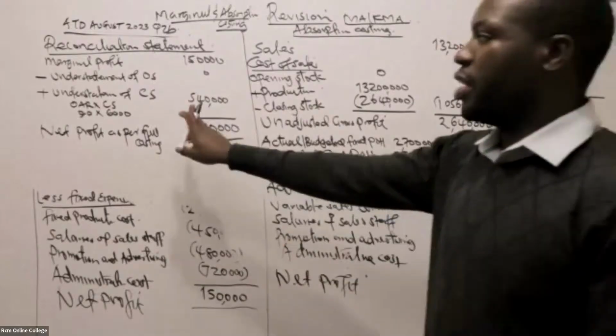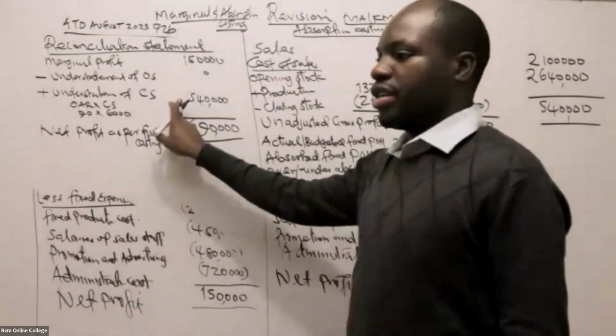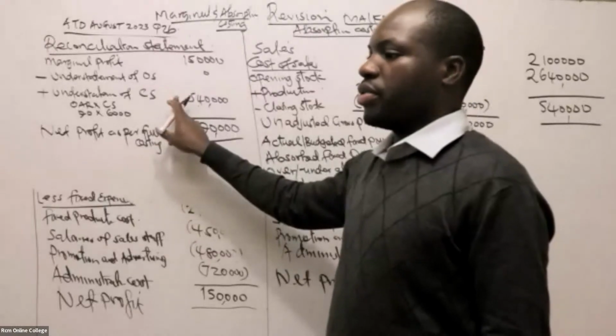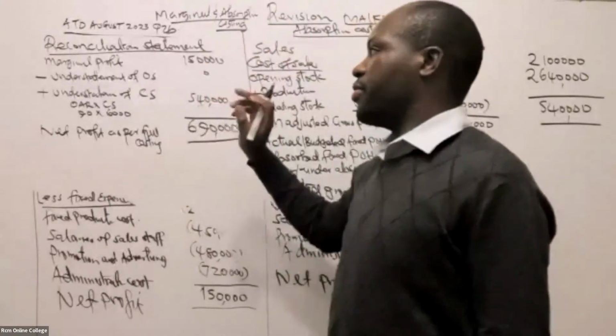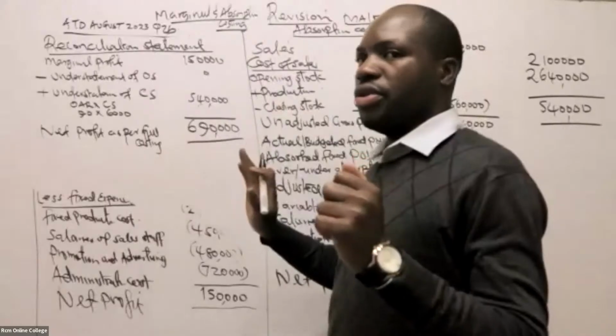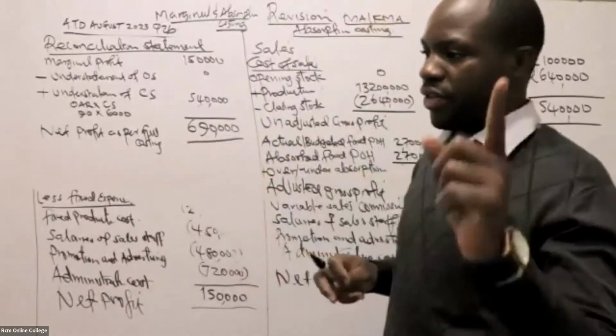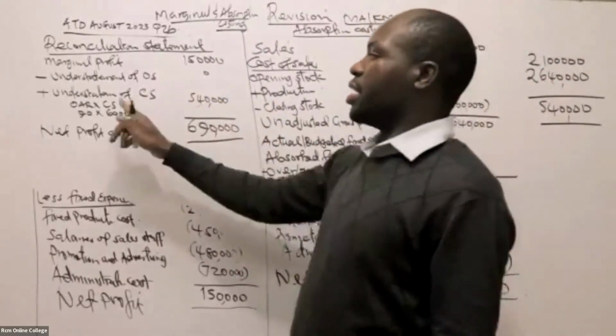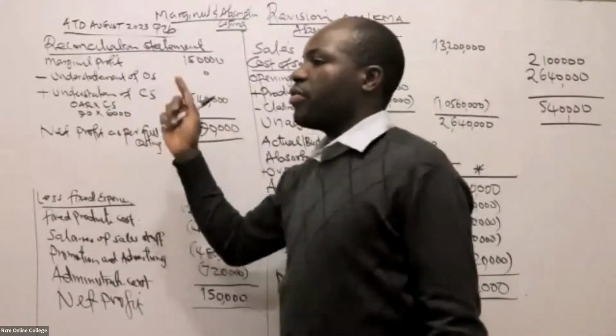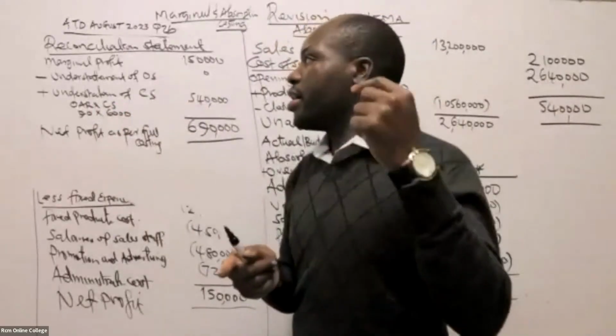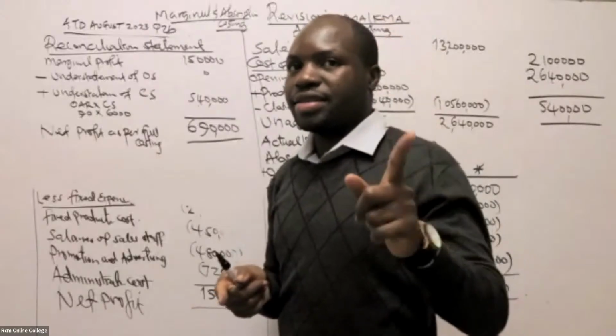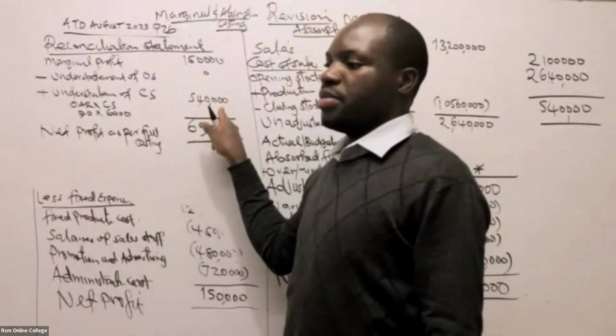And that is what you're actually writing here. So if that approach can give you the answer, what you need to know is very simple. How will the understatement of closing stock affect our profit? It will understate our profit, and therefore add it back.